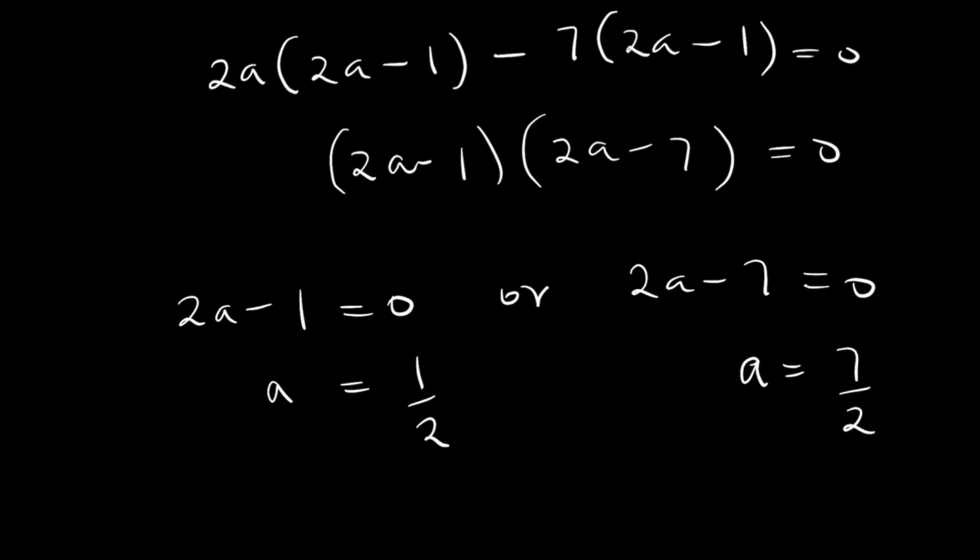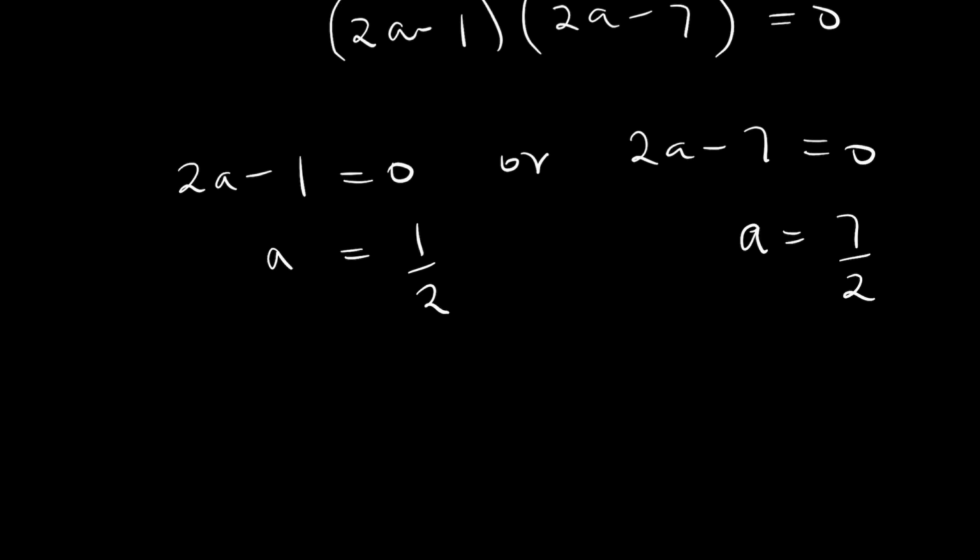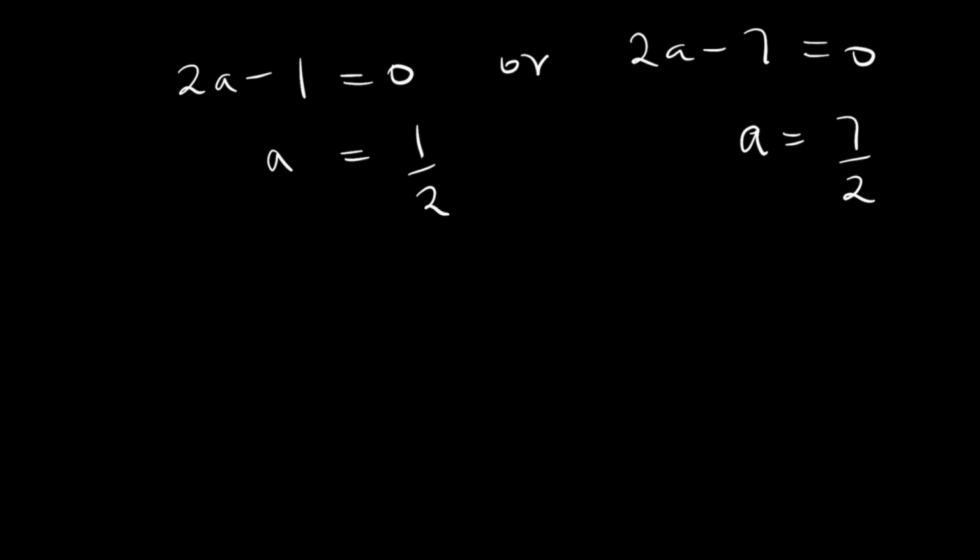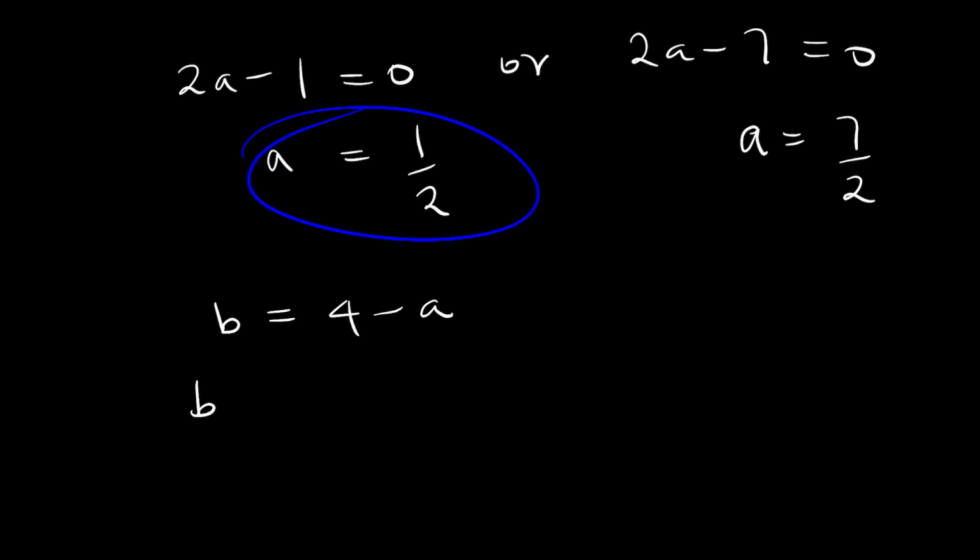Now we have the values for a, we can then get the value for b for each of the values of a. I remember b was given as 4 minus a. So if we find b for the first value of a here, b is going to be 4 minus 1 over 2. 4 minus 1 over 2 is 3.5, which is 7 over 2.